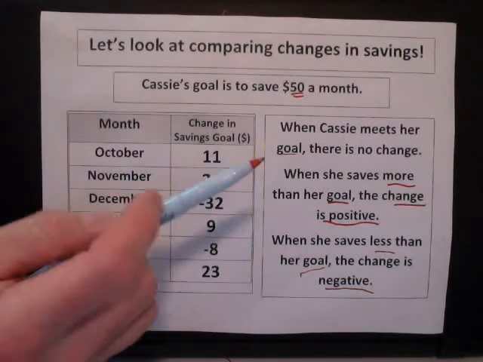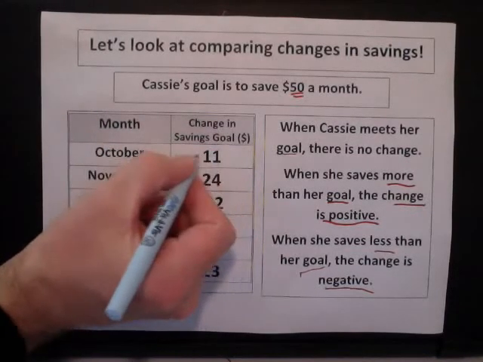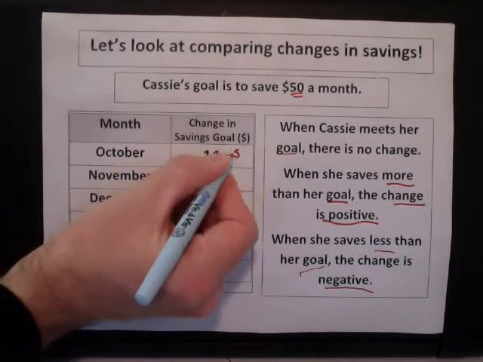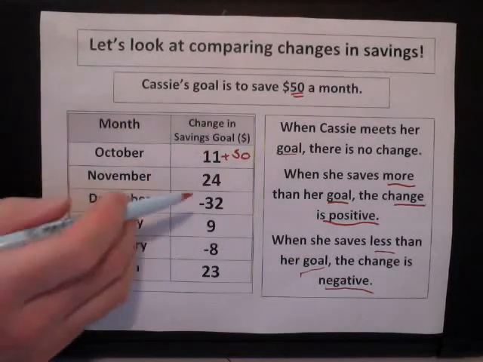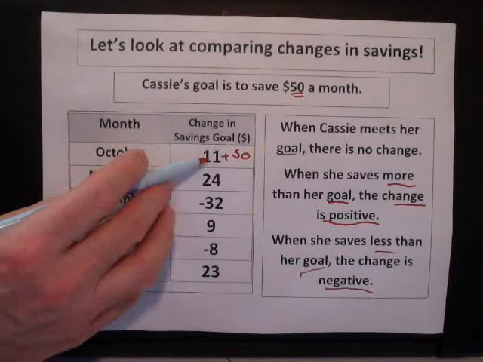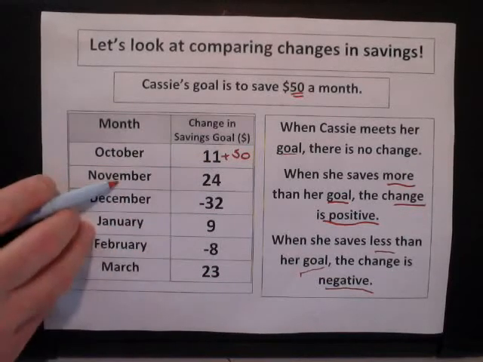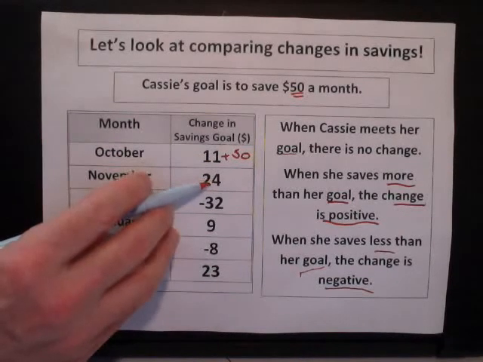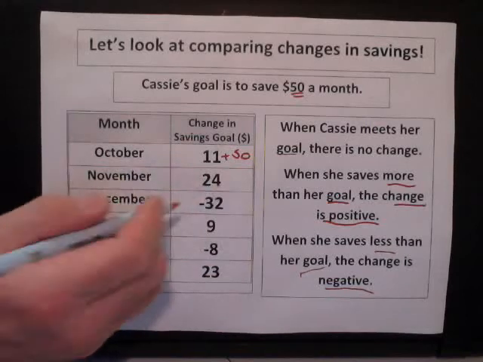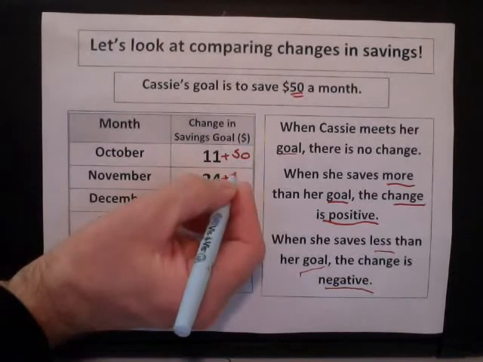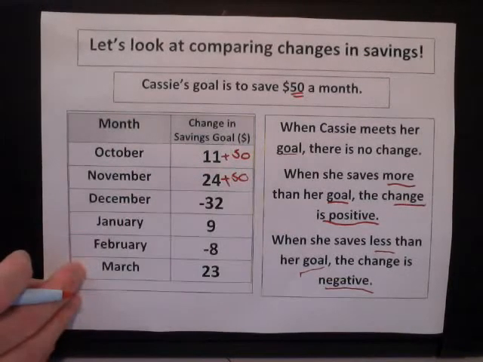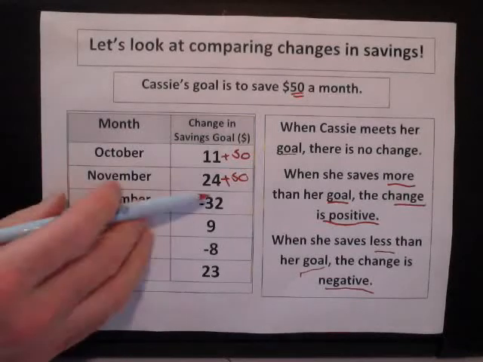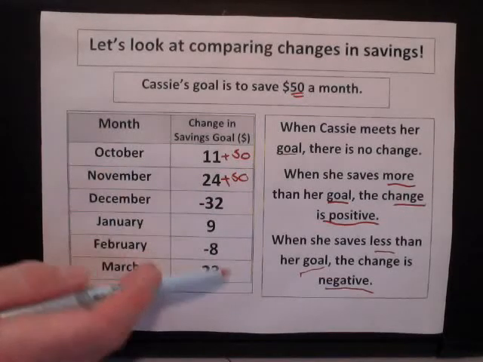So in October, she actually saved $11 over her $50, so she had a positive change. In November, she saved $24 over what she wanted to save. So she saved the 24 and the 50, which is kind of nice. So that's really good for October and November.